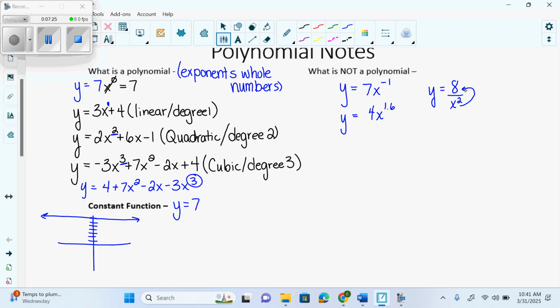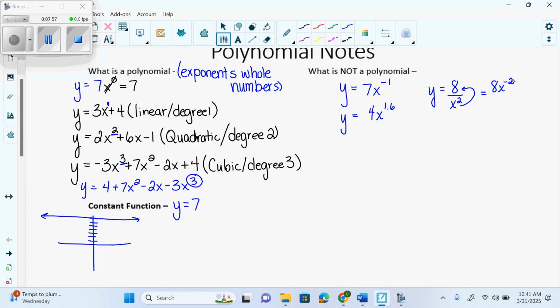And when you move something from the denominator to the numerator, your exponent changes signs. So this is actually the same as 8x to the negative 2, and then it fails. Okay? So it may look originally like it's a whole number, but we have to have our variables in the numerator before we can decide if they're whole numbers. So technically, fun fact, you should always move them up before you decide.